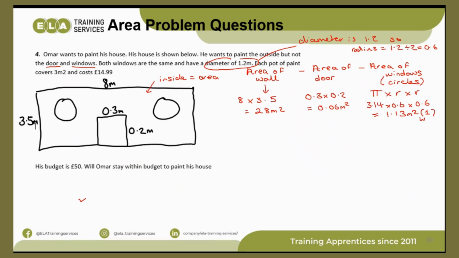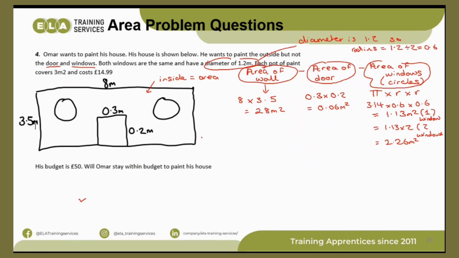Now we're going to have to double that to get the two windows. So 1.13 times 2 gives the area 2.26 meters squared. Now we're going to do what we said we were going to do at the start.